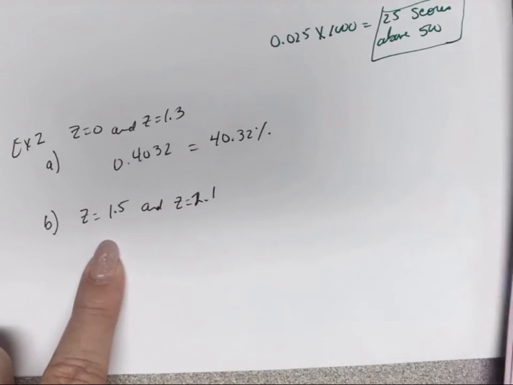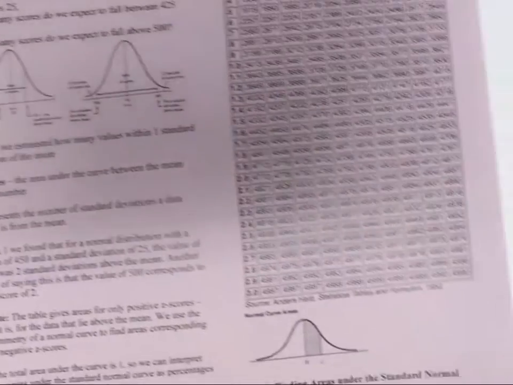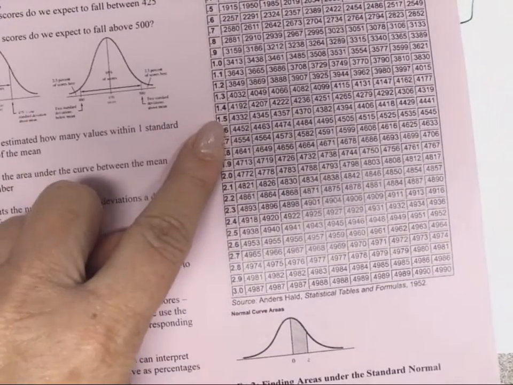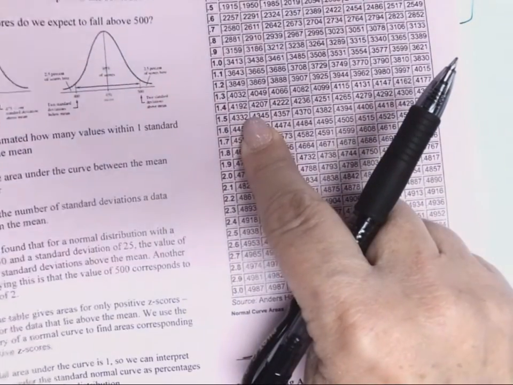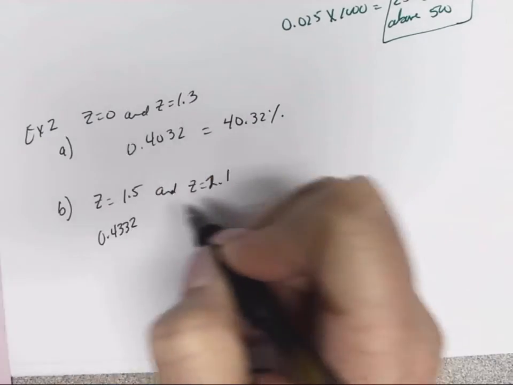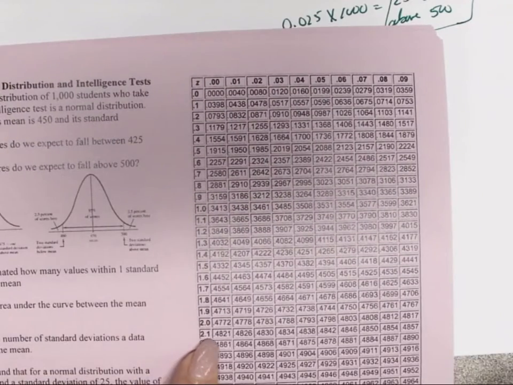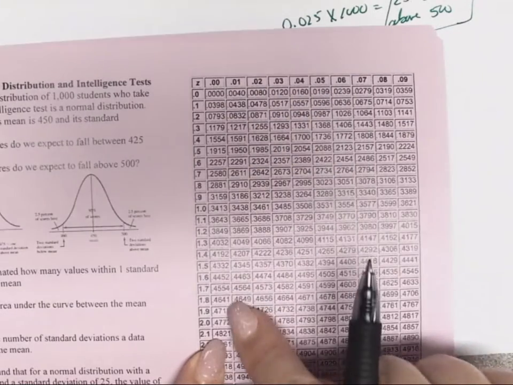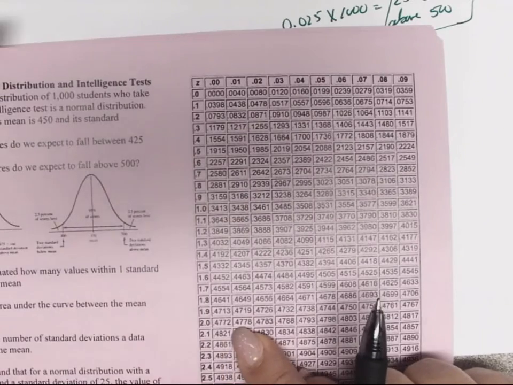So the area for 1.5, so it's going to be 1.50. So it's 1.5 and 0 gets us 0.4332. And for 2.1, we'll go down to our 2.1 with the 0 because we don't have a third digit or a second decimal digit. So we get 0.4821.